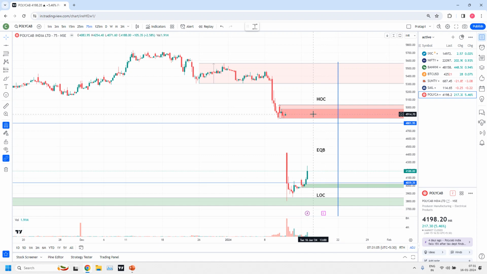So due to that, this is the reason why we always need to look into the LTF time frame and then take a decision. If you would have taken a decision in the ITF time frame itself, saying let us reject this stock, you might have missed a very good opportunity.